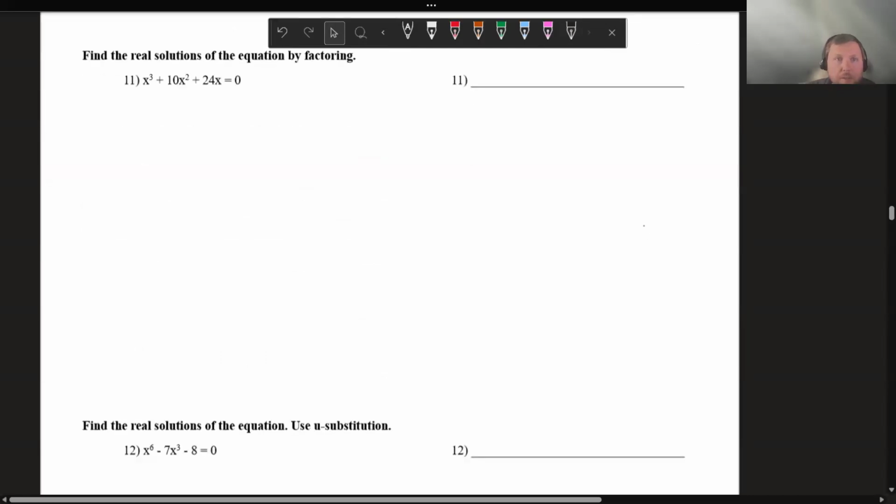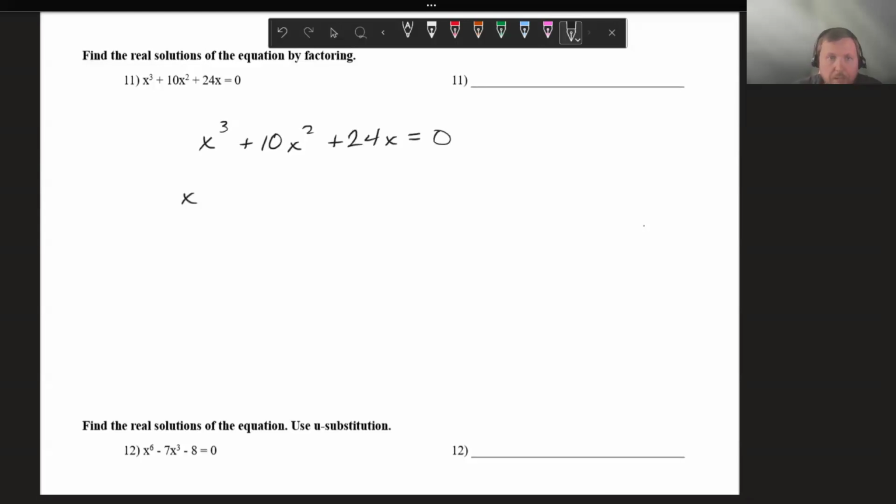Okay, find the real solutions of the equation by factoring. So now this one's cubic. I have x cubed plus 10x squared plus 24x is equal to 0. I see a common factor of x, so I can just factor that out. Now I have x times x squared plus 10x plus 24 is equal to 0.